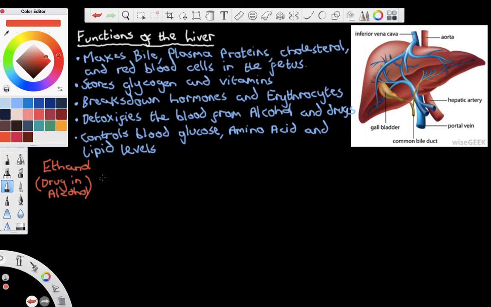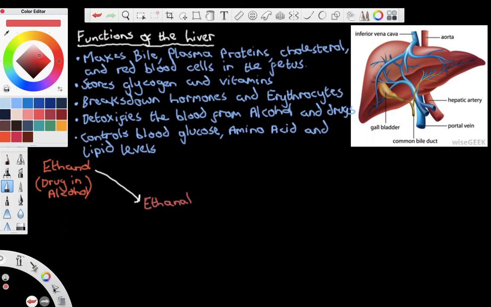And ethanol in your blood or in your body is converted into ethanal by your liver. It does this by removing hydrogen ions from it. So it is oxidized.